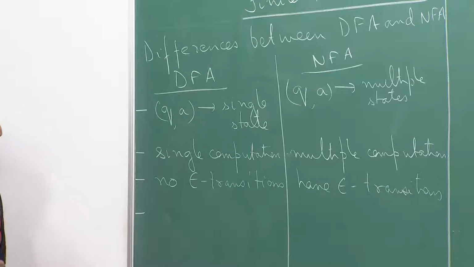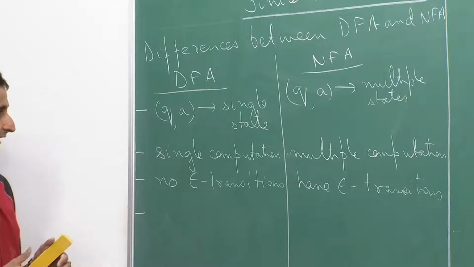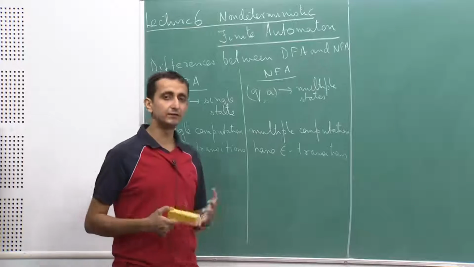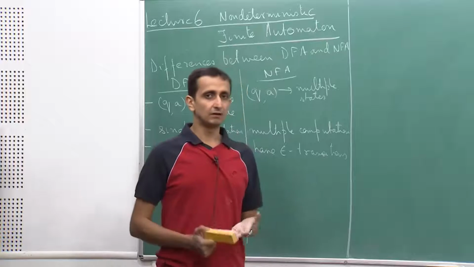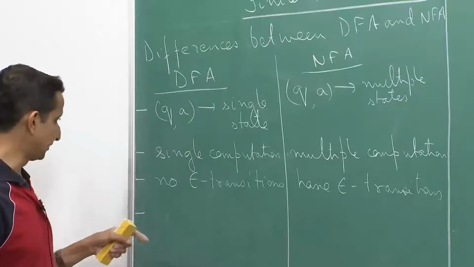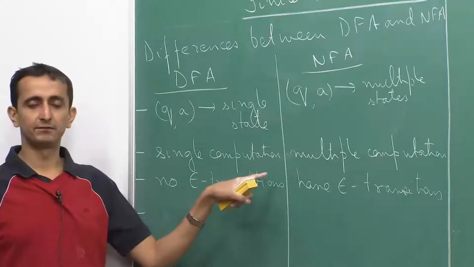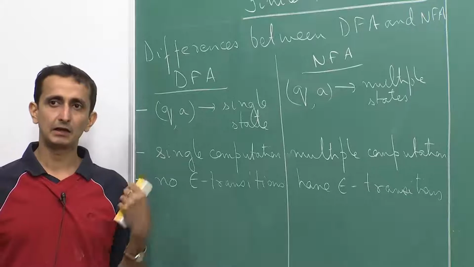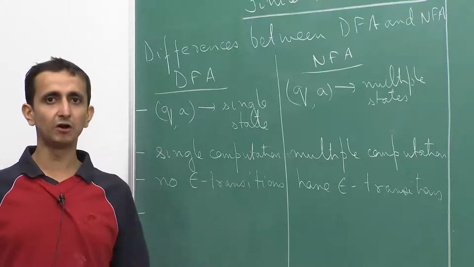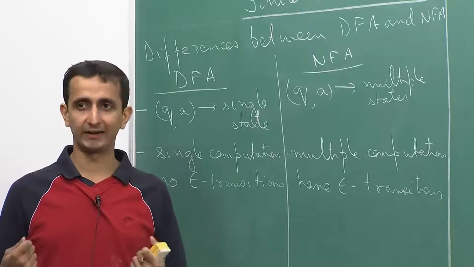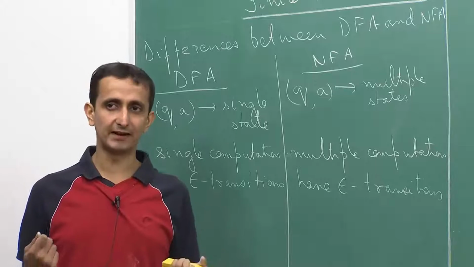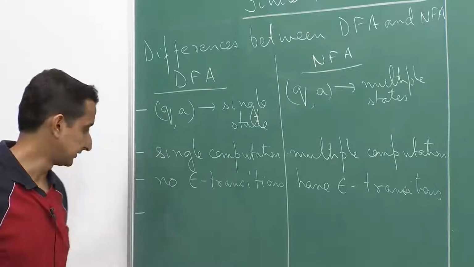The next point is that of acceptance. In the case of a DFA, the definition of acceptance is pretty simple because there is only one computation path. At the end either you are at an accept state or you are not. If you are at an accept state, then you accept, otherwise you do not.